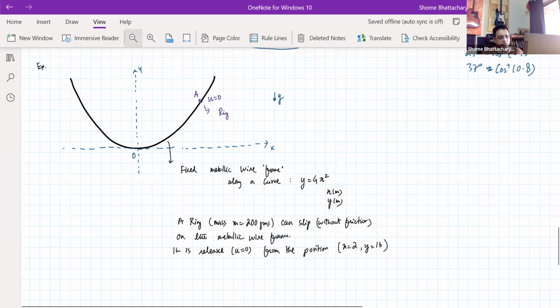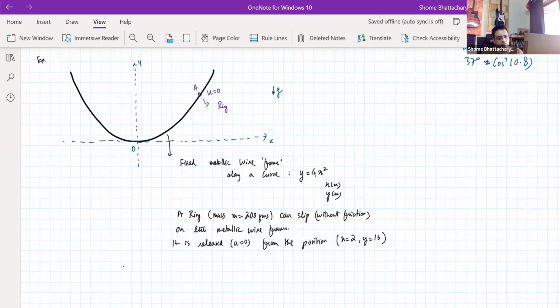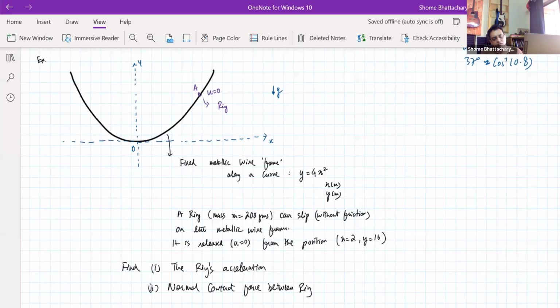We have to find the ring's acceleration and the normal contact force between the ring and the frame.